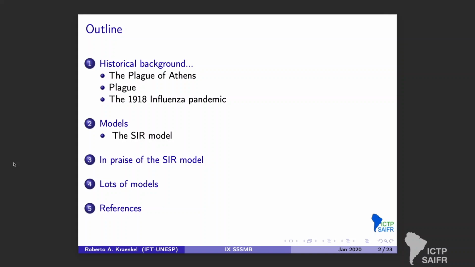But I also have a suggestion for those who are not so mathematically minded, but would like to know a little about the history of how diseases have interacted with society.